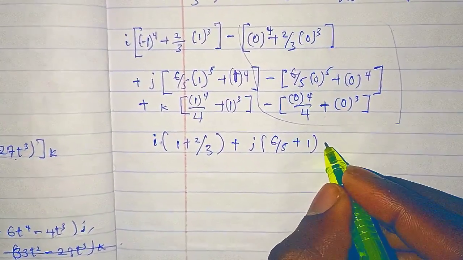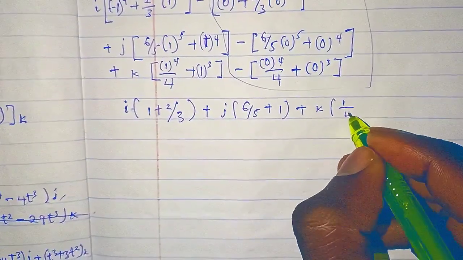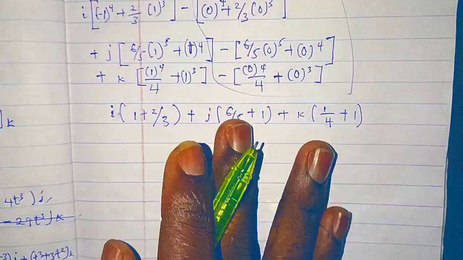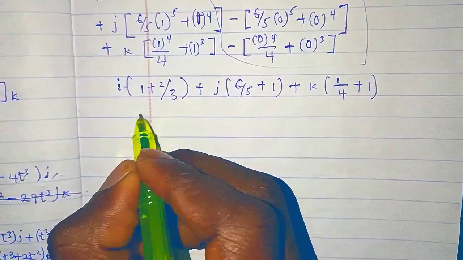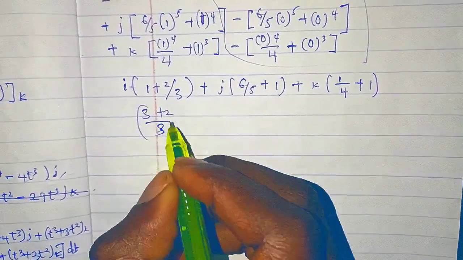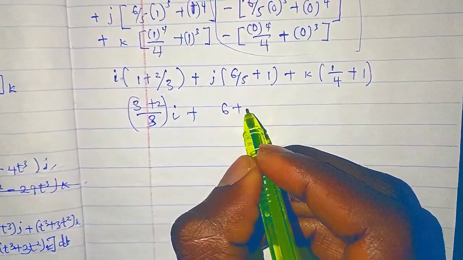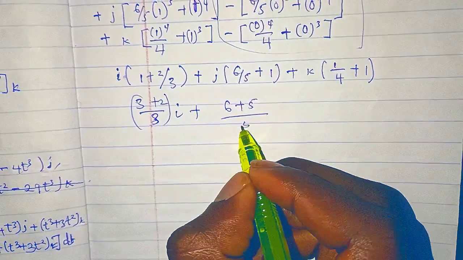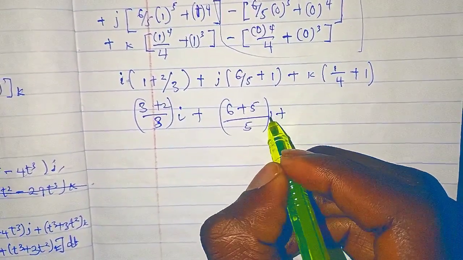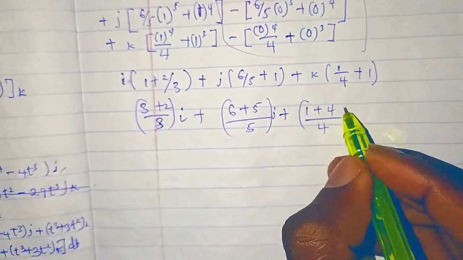And then for k we have 1 all over 4 plus 1. So if you add your fractions together here, for i it's going to be minus 3 plus 2 over 3, which gives 5 all over 3 i. For j, this is going to be 6 plus 5 all over 5, which is 11 all over 5 j. And for k, 1 plus 4 all over 4.